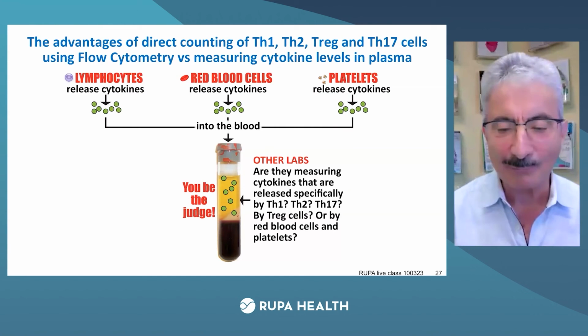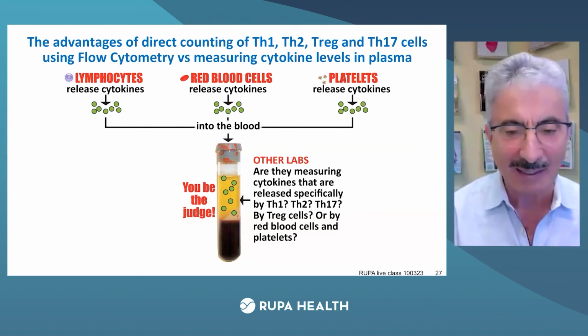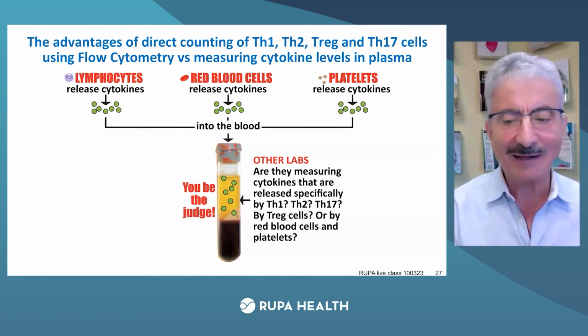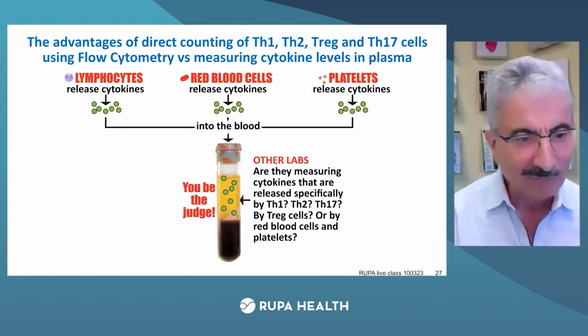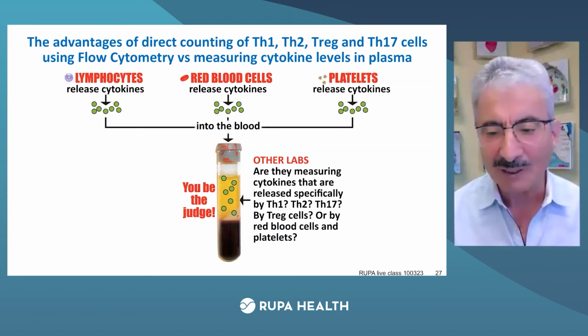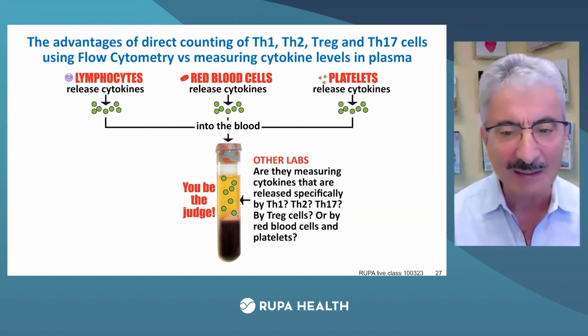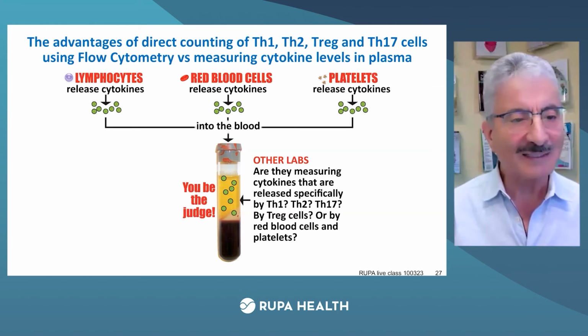So yes, we cannot measure Th1 and Th2 and Th17 and other cells by looking at cytokines. Why? Because let's take the example of interferon gamma, which yes, is classified as a Th1 cytokine. But believe me, interferon gamma is produced by Th1 cells, but also by some T helper 2 cells and T helper 17. So when you measure interferon gamma, is it produced by Th1, Th2, or Th17?